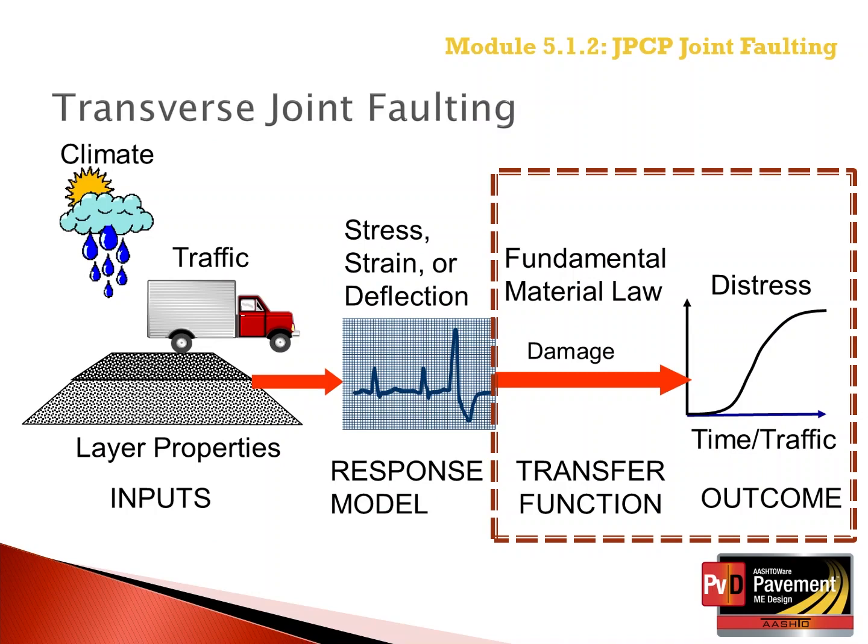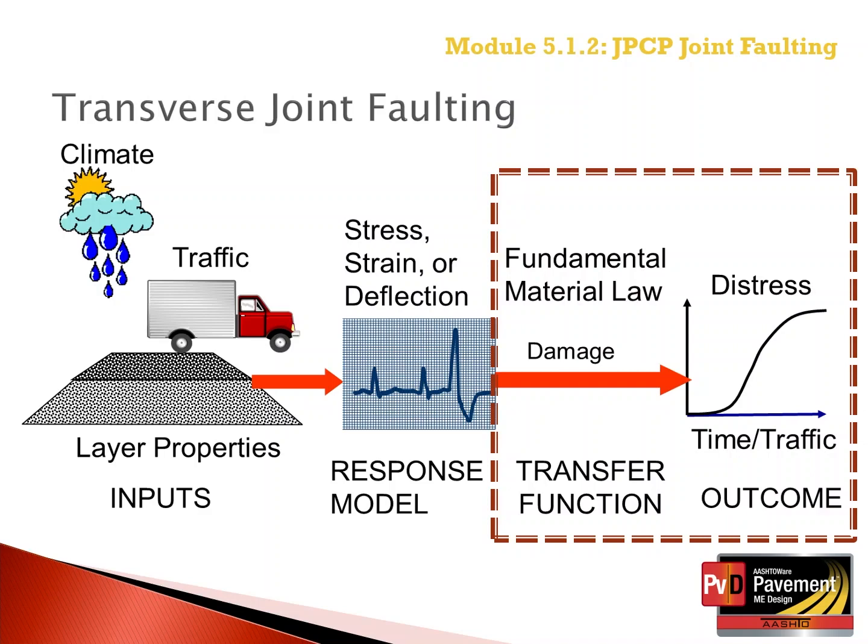Remember from Module 2, the critical pavement responses are used to calculate incremental faulting, and the direct transfer function or model converts the faulting damage to what we can see or measure on the pavement surface, the faulting of the transverse joint.